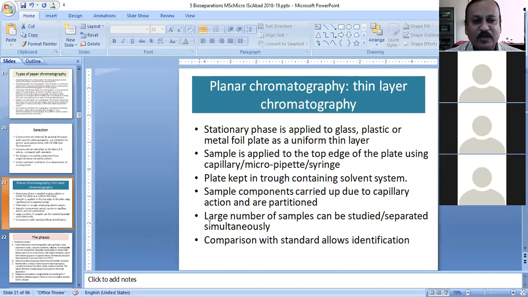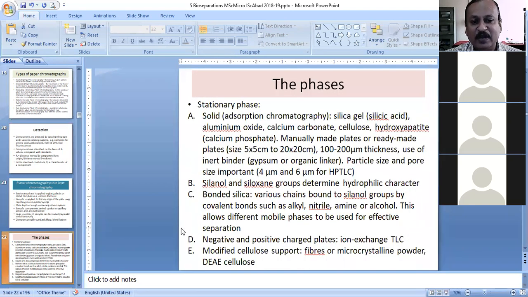Then coming to the next point, that is, what are the different phases which are used. I told you that the stationary phases are different types of materials which can be used. For example, silica gel, aluminum oxide, calcium carbonate, modified cellulosic materials, hydroxyapatite or calcium phosphate.